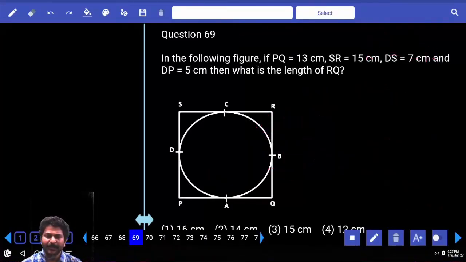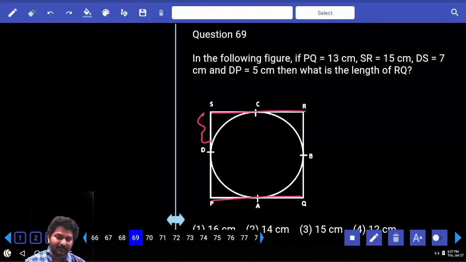Next, PQ is 13, this value. SR is 15, SR. DS is 7, DS, this fellow. DP is 5, this fellow. This is 5. What is the length of RQ? Okay. So now, let's see.